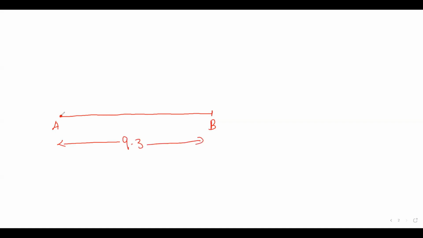So you have taken a point A and measured exactly 9.3 using a scale. At 9.3 you mark the point as B.